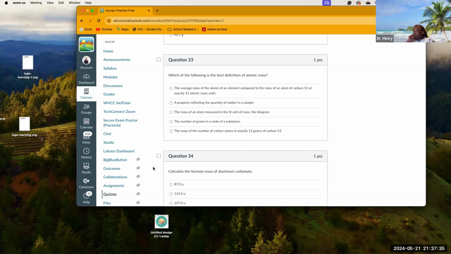What do you guys think? Atomic mass. So you said B, the property reflecting the quantity of matter in a sample.